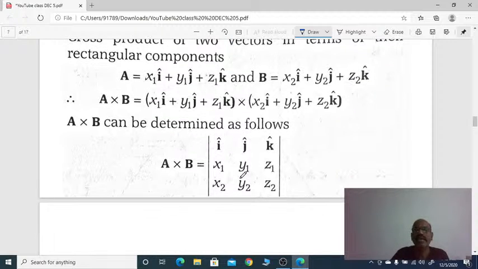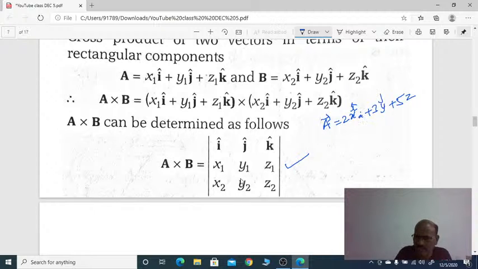Now, if two vectors are given, this is the matrix method, an easy way to determine their cross product. Vector A they will give you, something like 2 i cap plus 3 j cap plus 5 k cap, with x, y, z: x axis i cap, y axis j cap, z axis k cap.